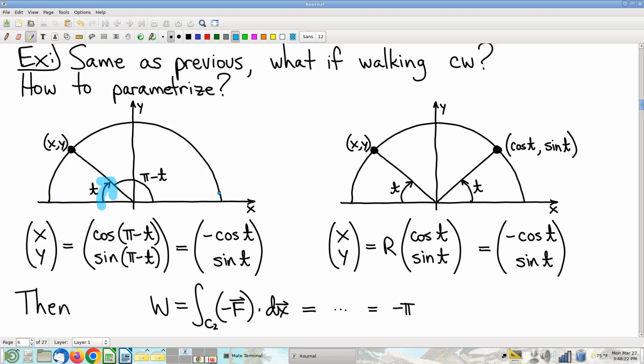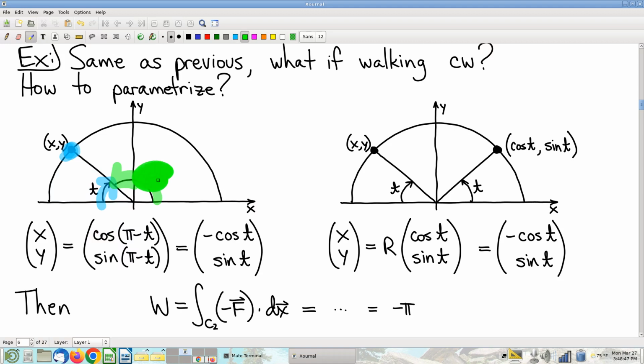Now, how can I use that angle T to define the position of this point? Can I use polar coordinates? Well, not really, because that's not theta. This is not theta. Any formulas that you want to use from polar coordinates are in reference to theta. This isn't it. But it's easy to write theta.